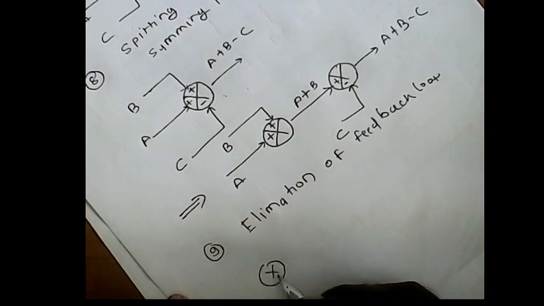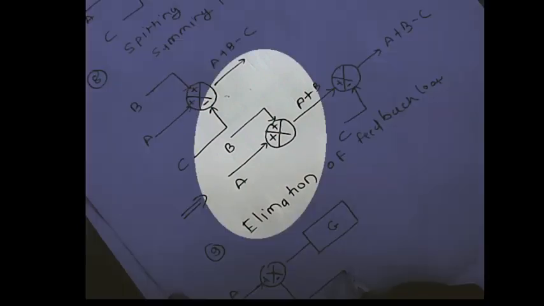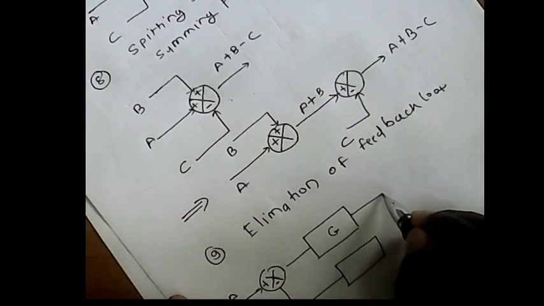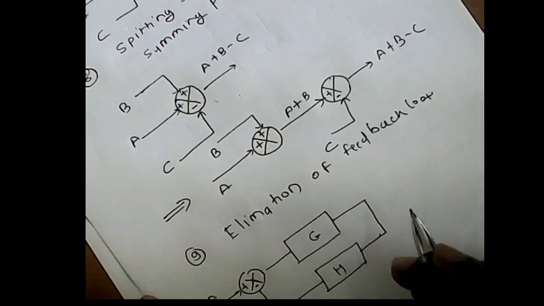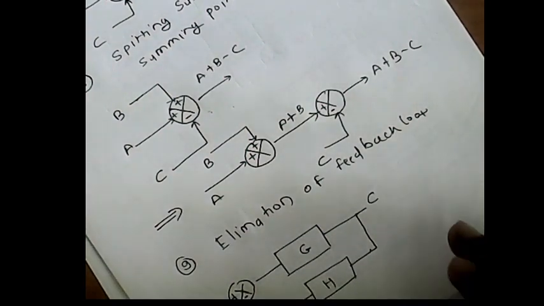It consists of one summing point having input A, gain G, and feedback that is H. I want to remove this feedback H. So this is R of S, that is the input, and C of S is the response of the input.